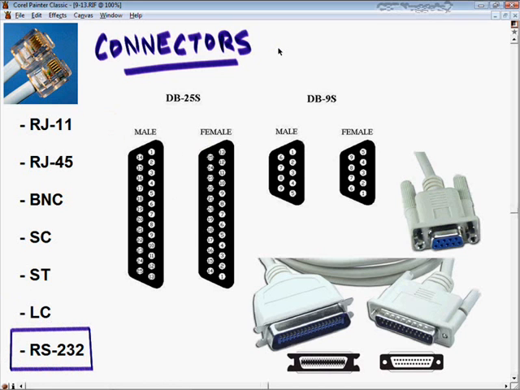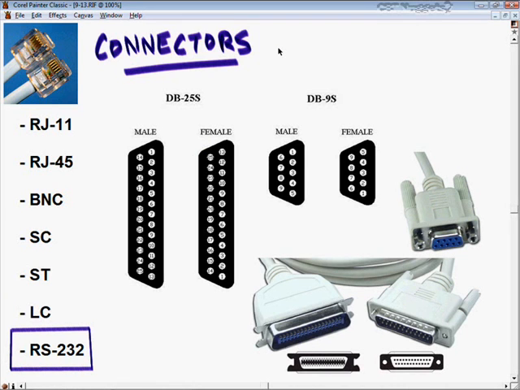Finally, we have the RS-232, or Recommended Standard 232, serial connector, which is extremely common throughout the entire telecommunications industry. It's a serial cabling connector standard for connecting between a DTE, data terminal equipment, and a DCE, data circuit terminating equipment.